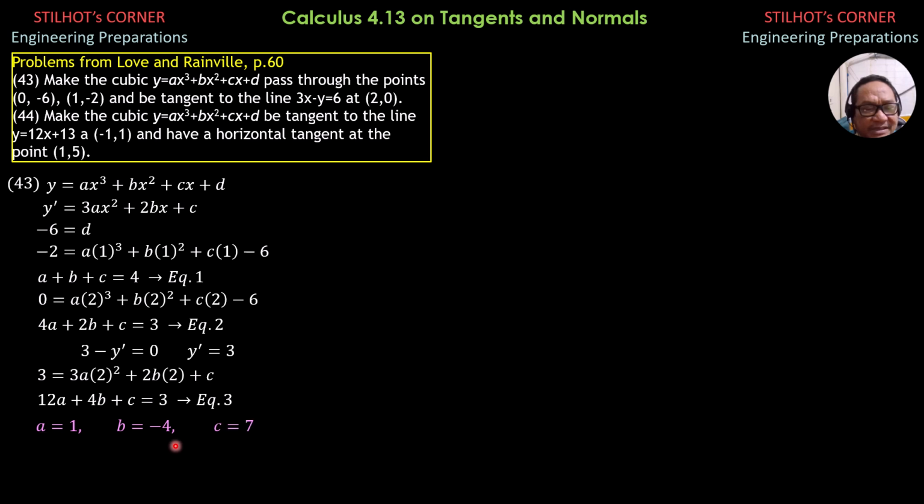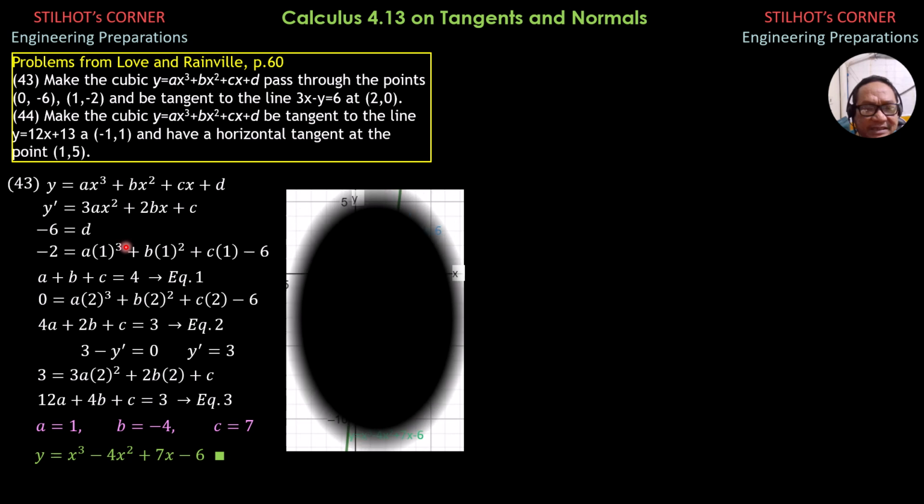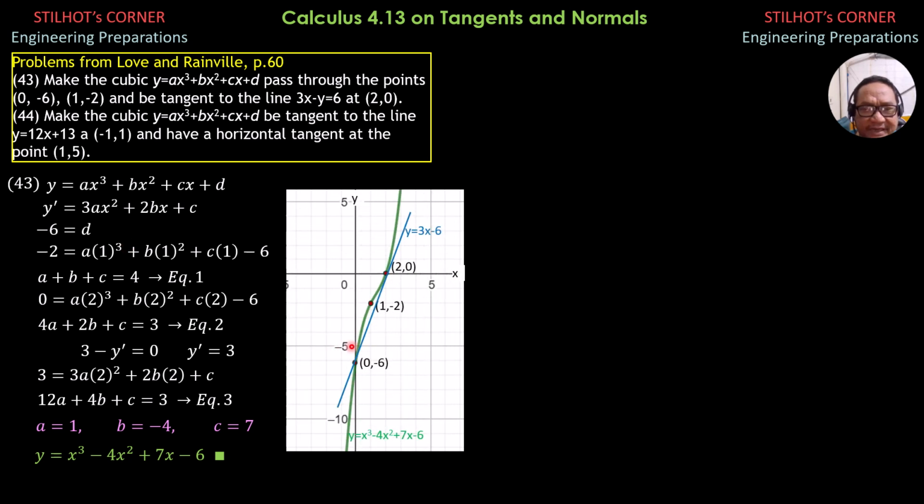a is 1, b is negative 4, c is 7. Therefore, the cubic is 1x cubed, so x cubed minus 4x squared plus 7x minus 6. And let us sketch the graph, the points, and the tangent as shown in this figure here.